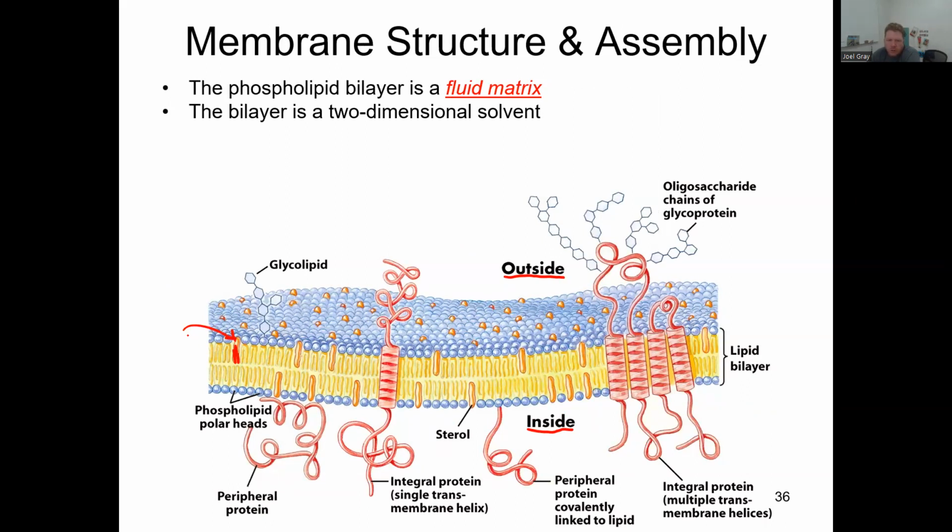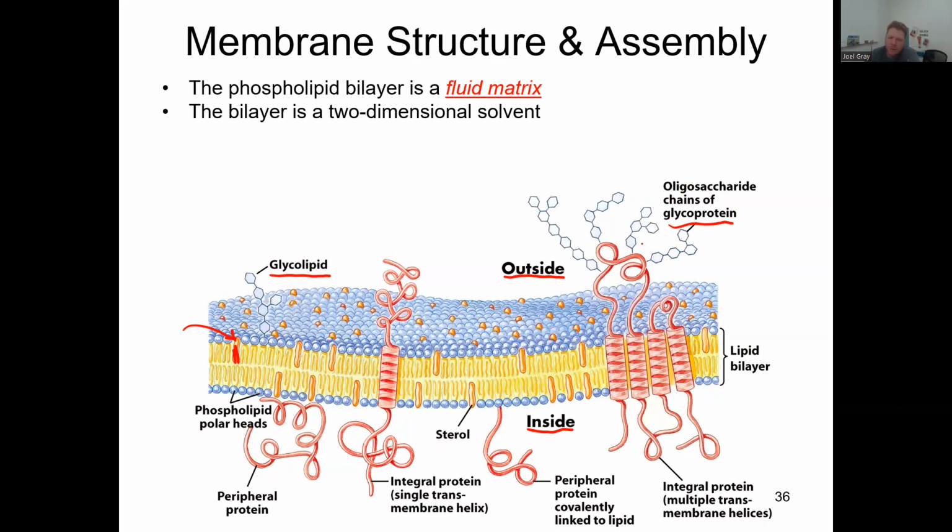Those would be your sterols. So sterols are actually found on the interior and exterior of the cell. Glycolipids are exclusively on the exterior. Oligosaccharide chains of glycoproteins are also exclusively on the outside. These are ways for mediating communication between cells, cell-to-cell contacts.